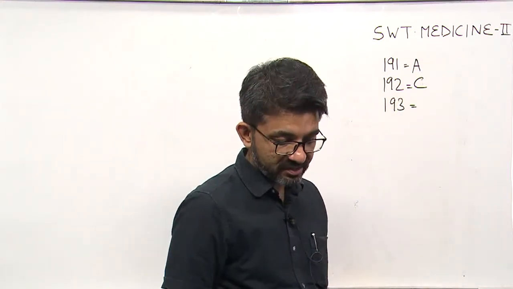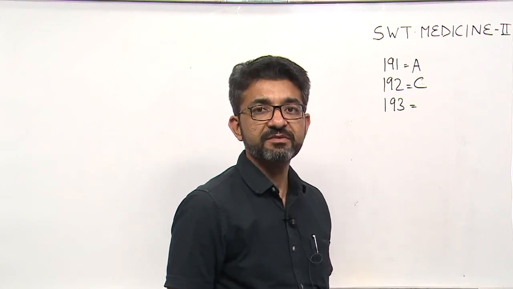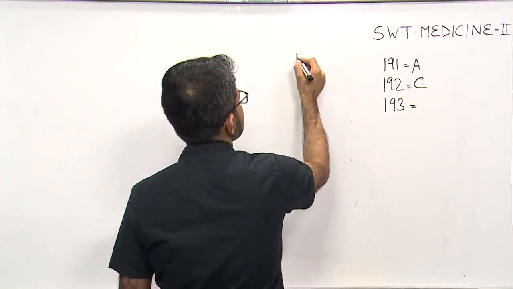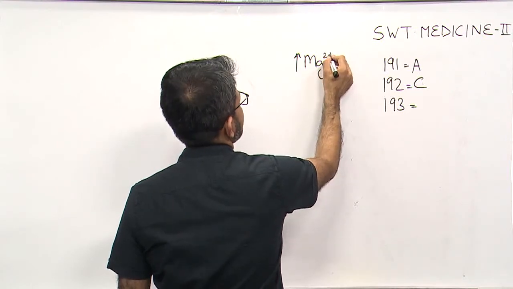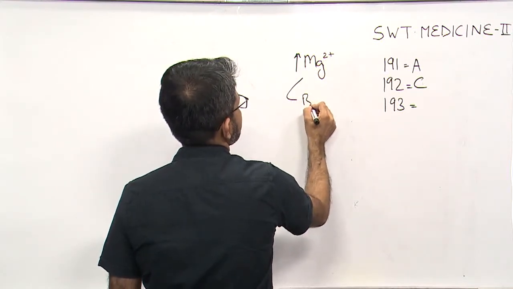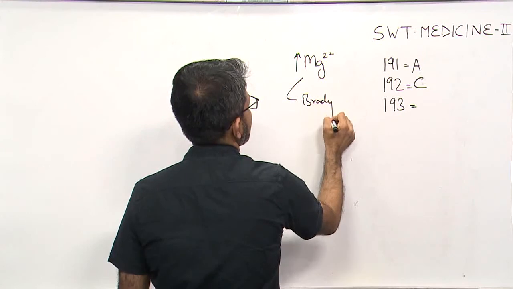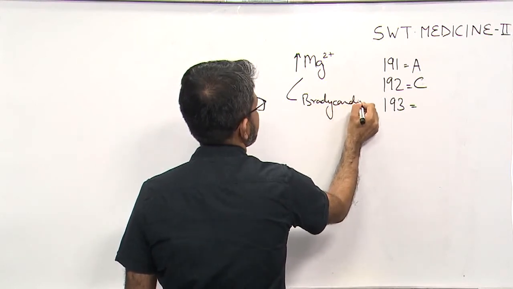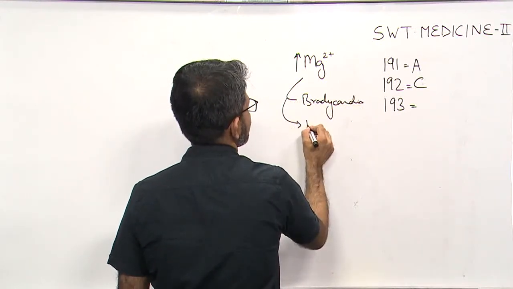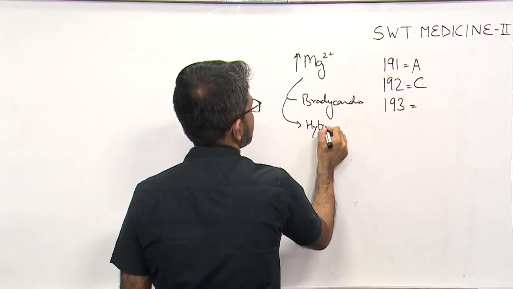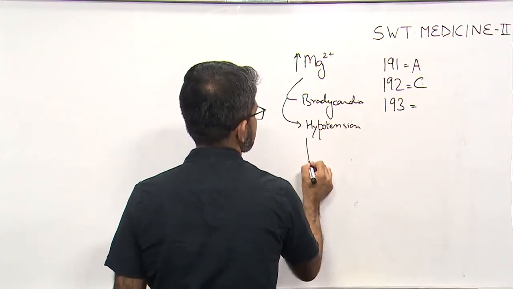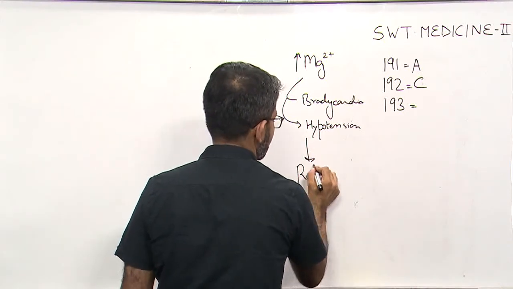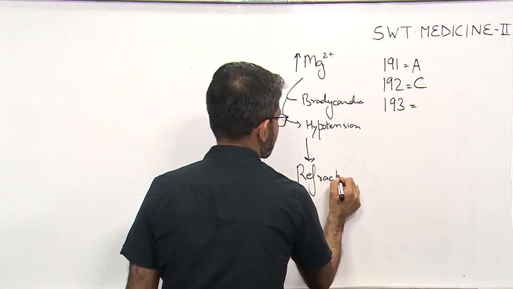Question number 193, hypermagnesemia. Remember, increased magnesium levels cause bradycardia and hypotension. Usually you have tachycardia with hypotension, but here it is bradycardia and this is refractory to conventional treatment.